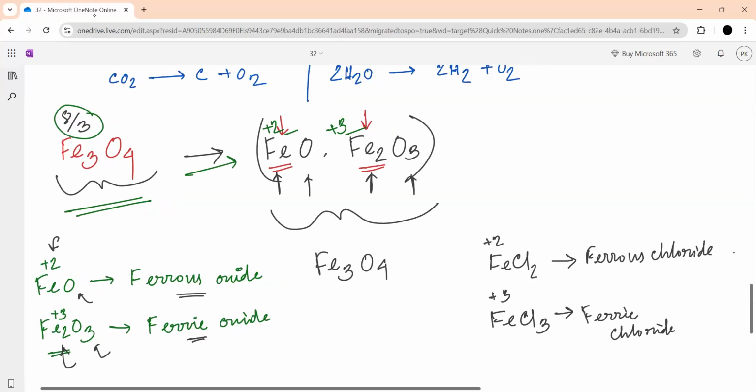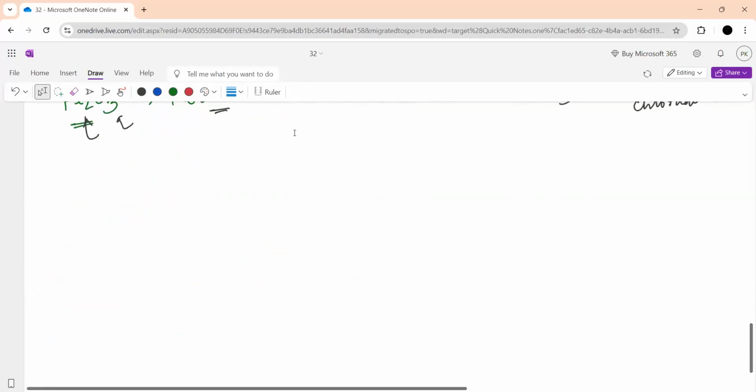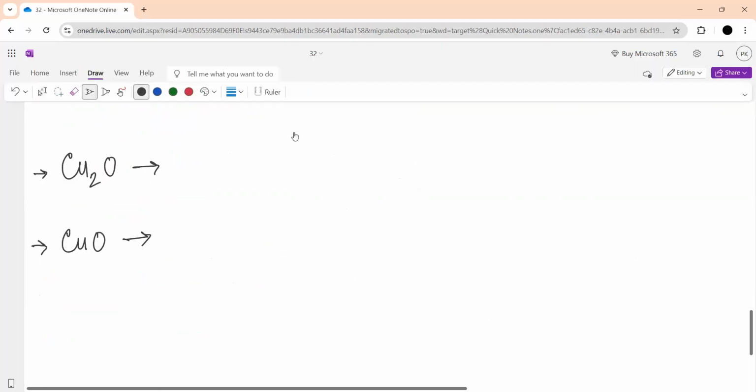Similarly, we have other compounds also. If we take an example, we have Cu2O and we have CuO. First, tell me in which case copper has the higher oxidation number and in which case the lower oxidation number. More oxidation number is in the second one.